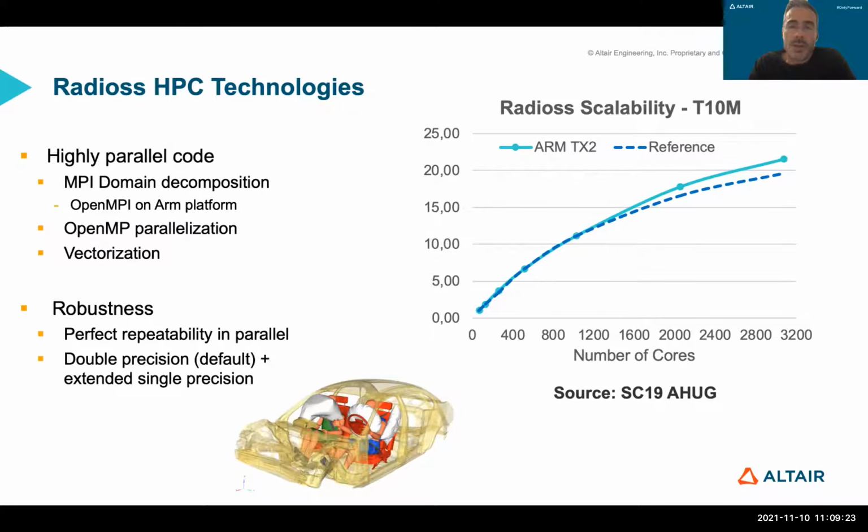Also, in working with industry customers, it's very important to pay attention to repeatability and robustness. A unique feature of Radioss is that whatever number of MPI processes and OpenMP threads are used, we guarantee a unique numerical result.